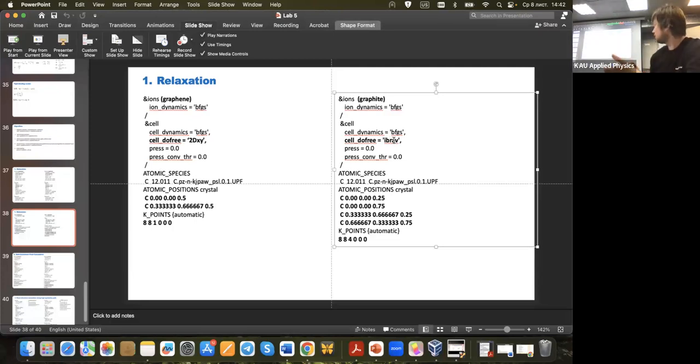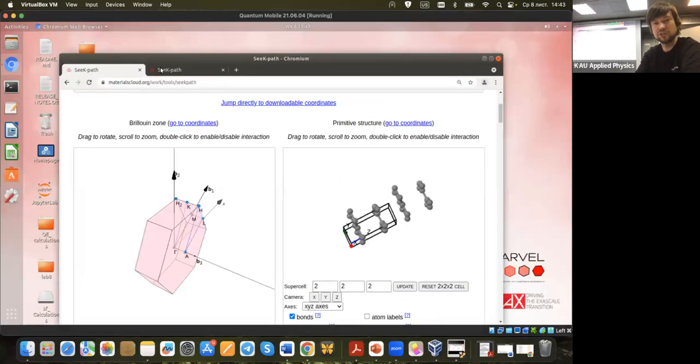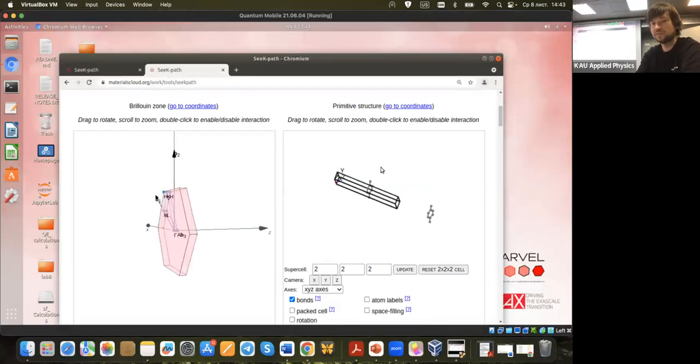So it will not change the symmetry. But if I use 2D XY, it means that I can change only X and Y, and I cannot change that direction.